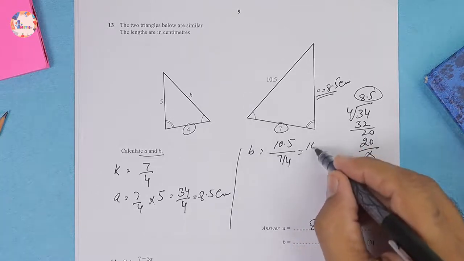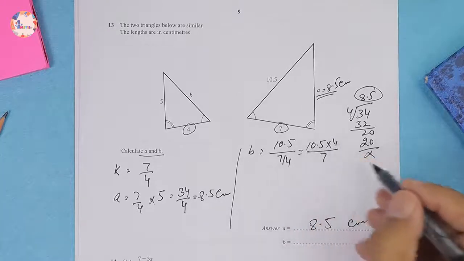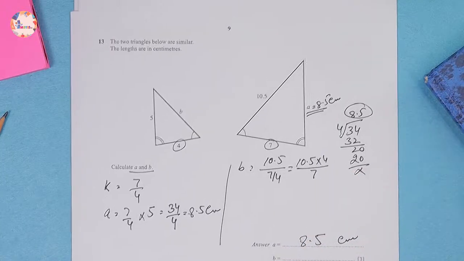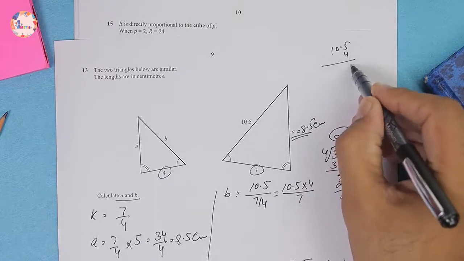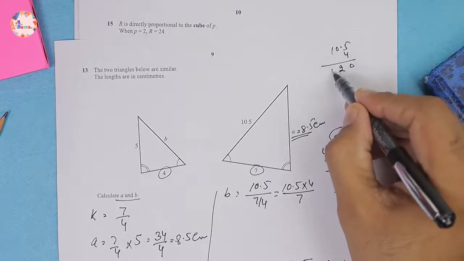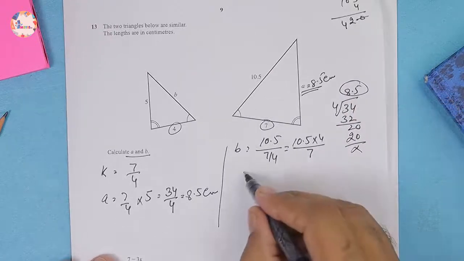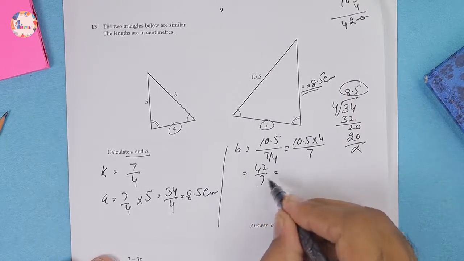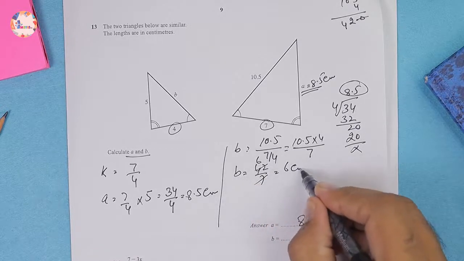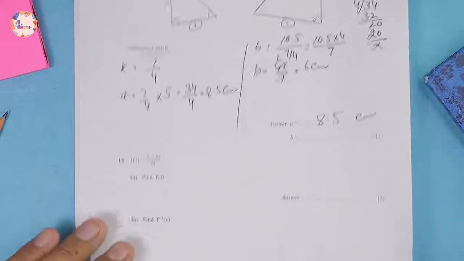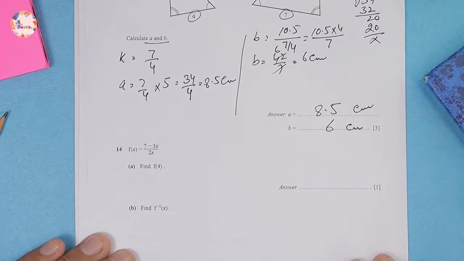So 4 will be going up like this one, and 7 will be over here, and we can multiply 10.5 by 4. 10.5 multiplied by 4 will be 4 5s are 20 and 4 1s are 4. So 42, with the decimal after one digit. So this will be 42. So this is equal to 42 over 7, and this will be cancelled to 6. So the B value will be equal to 6 centimeters. So we can provide the answer over here as 6 centimeters. This will be our answer.